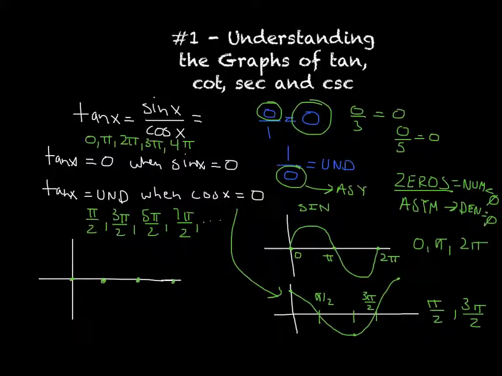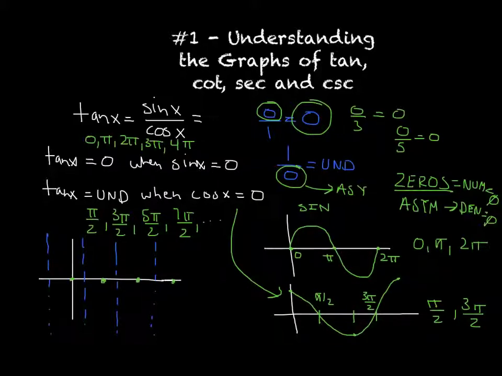Okay, those are all the places where it's going to be 0. And then I'm going to put an asymptote at pi over 2 and 3 pi over 2. Okay, 5 pi over 2. Those are where the asymptotes are going to be.